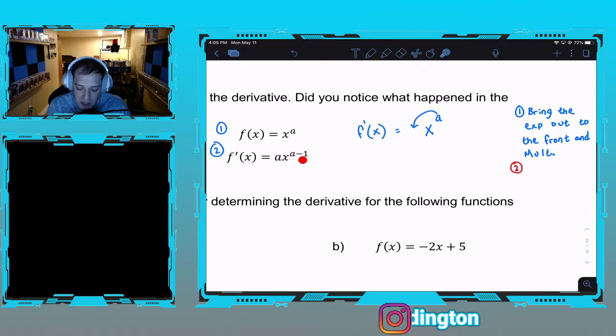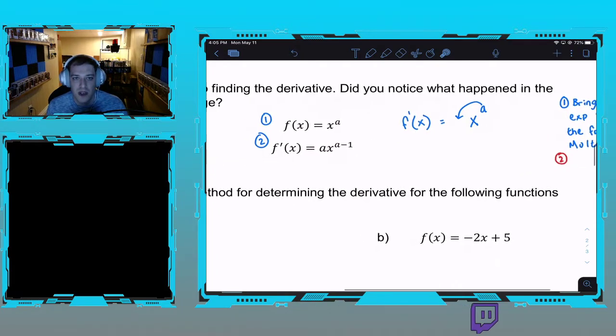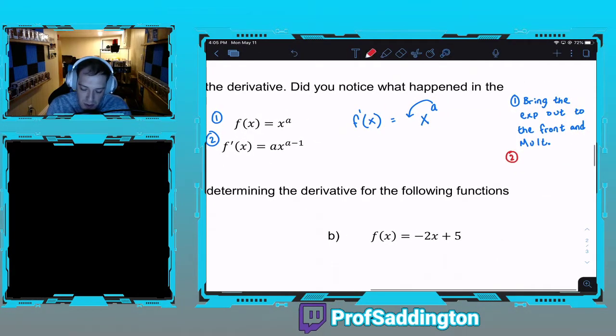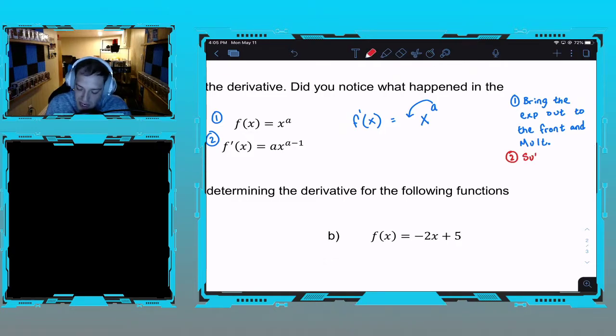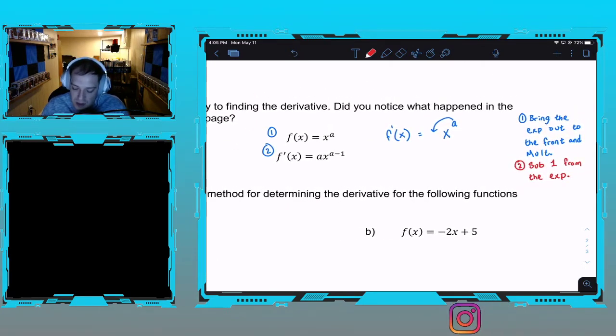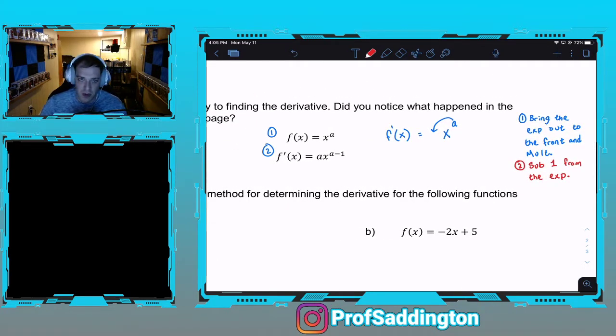The exponent doesn't disappear like it does with logs. What we have to do is subtract 1 from the exponent. So those are the 2 steps that we're doing.